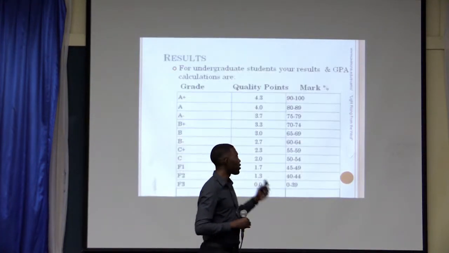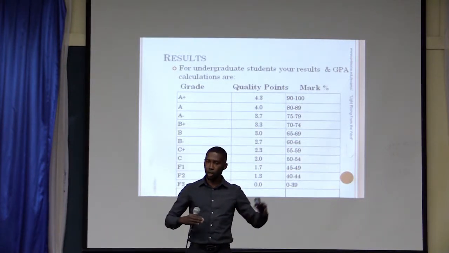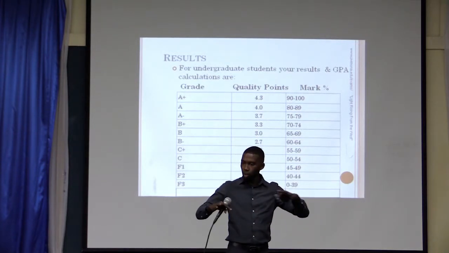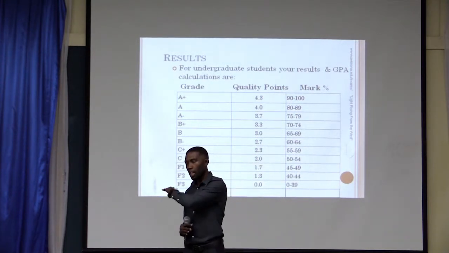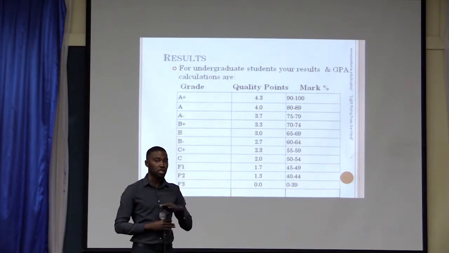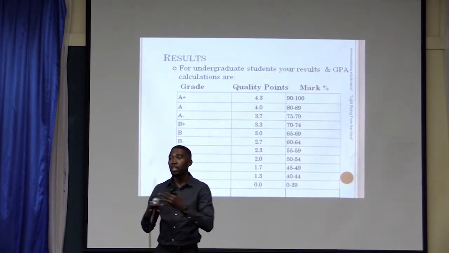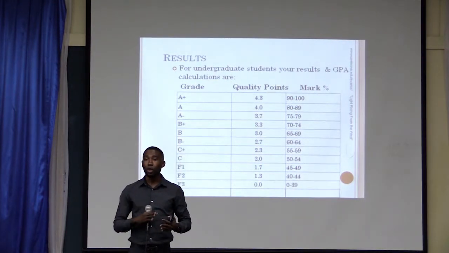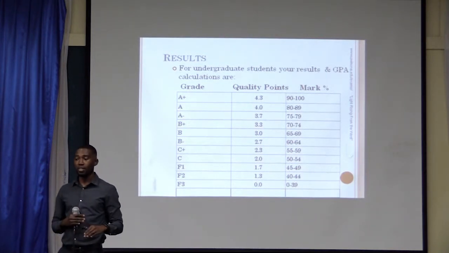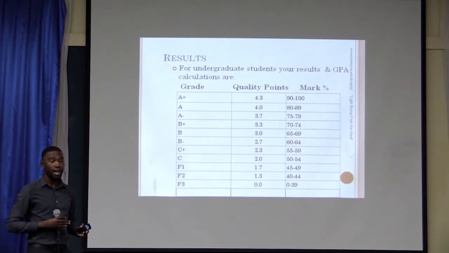Before I get to the results, I want to talk about when you're inside the room. When you come upstairs after your scanning, we're going to have you seated orderly, and then the chief invigilator will speak to you. You are now under examination jurisdiction. You cannot speak to your lecturers, you cannot speak to your friends in this room. There are very strict rules when it comes to sitting examinations, and that's how we maintain the integrity of your degree, right?